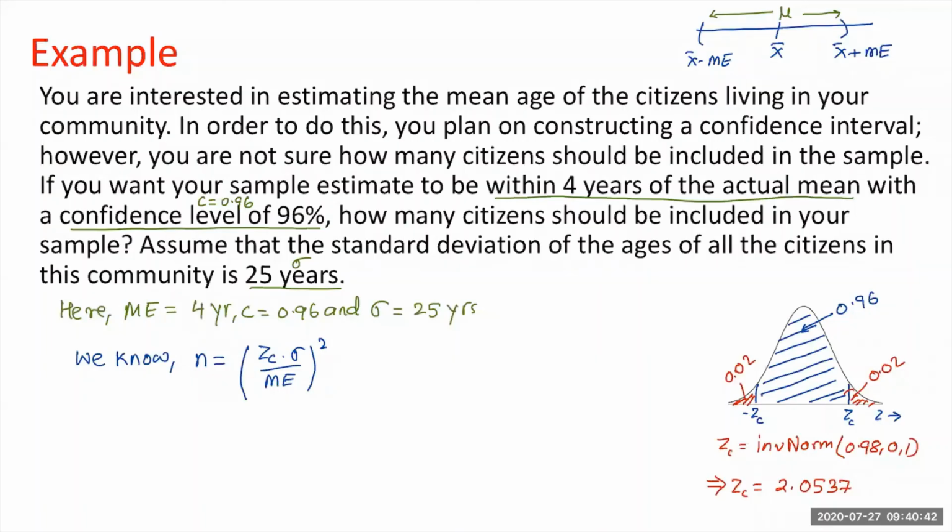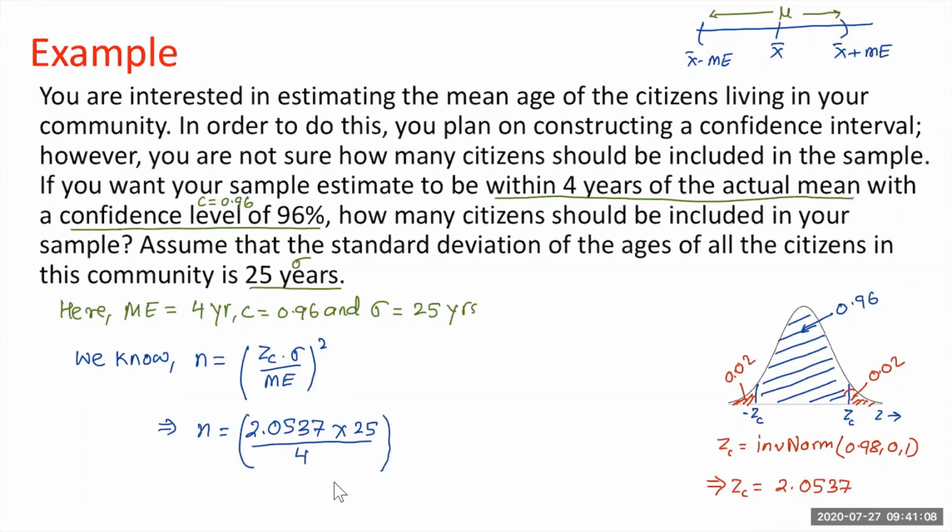So we have z sub c. Let's plug it back in. So n is equal to, your z sub c is 2.0537. We have to multiply that by the standard deviation, which is 25. We have to divide that by the margin of error, which is 4.